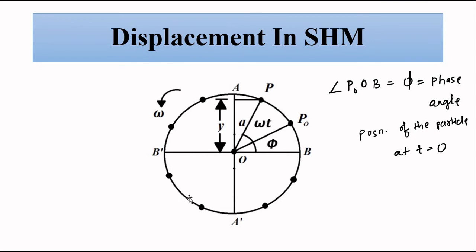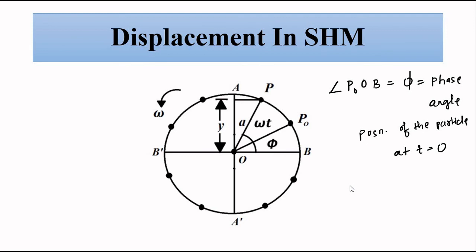If it is somewhere here, then it will be greater than 180 degrees and lesser than 270 degrees, or greater than pi and lesser than 3 pi by 2 radians. Let us say it is starting at A dash, so we can call it minus 90 degrees or plus 270 degrees.